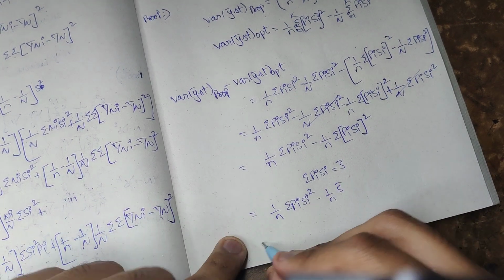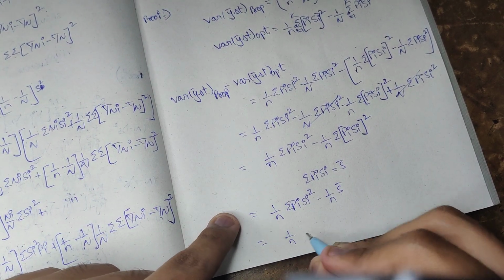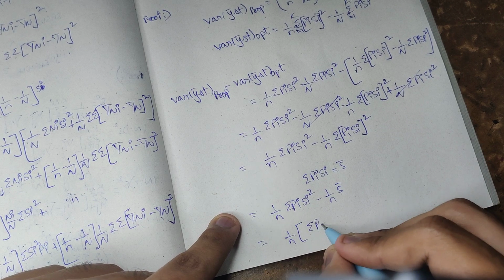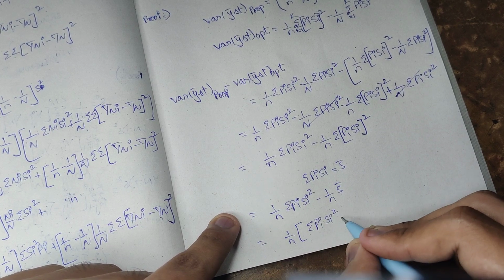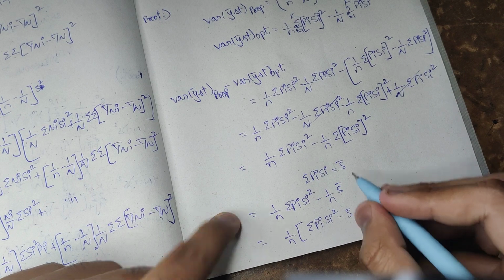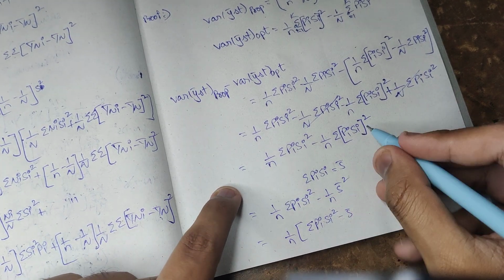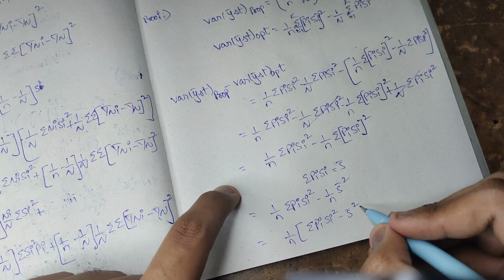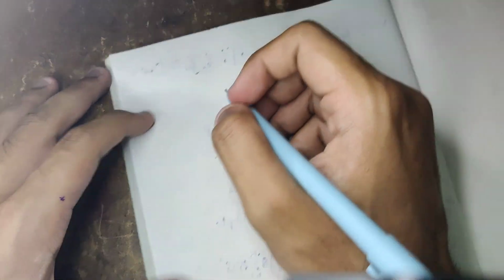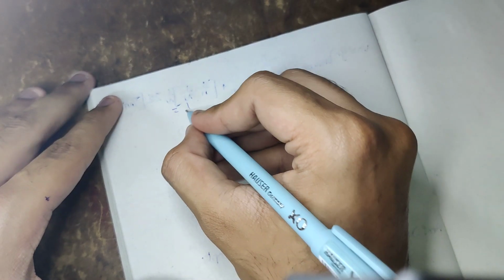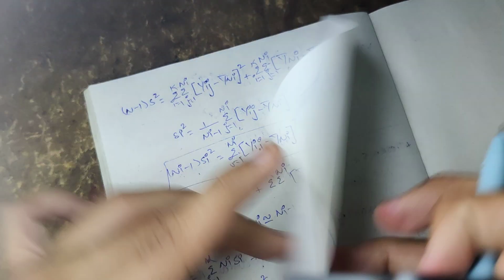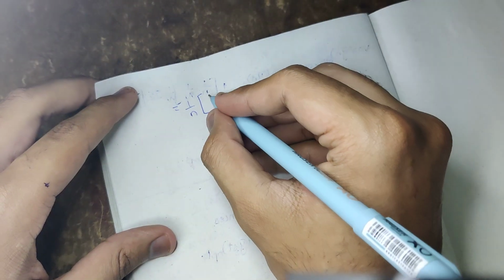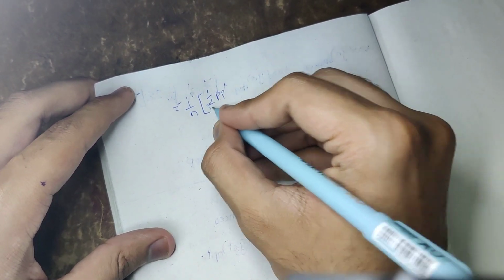And in this term, if we take 1 by n common again, summation pi si square minus s bar whole square, by the way, because there is a square right here, so this would be s bar square, equals to 1 by n summation pi, i equals 1 to k, by the way.